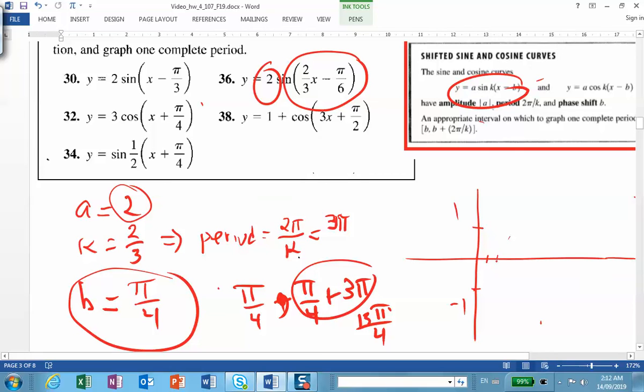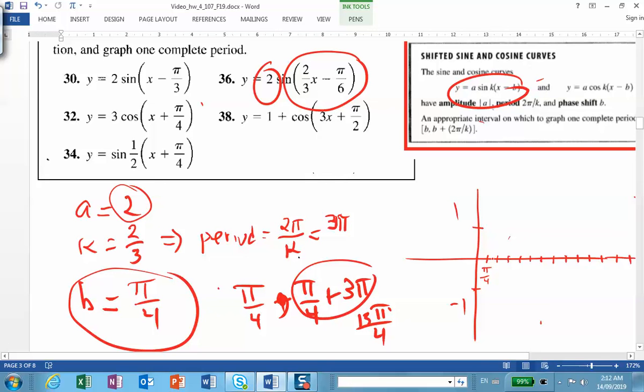So this is pi over 4, and then 13. 1, 2, 3, 4, 5, 6, 7, 8, 9, 10, 11, 12, and 13.